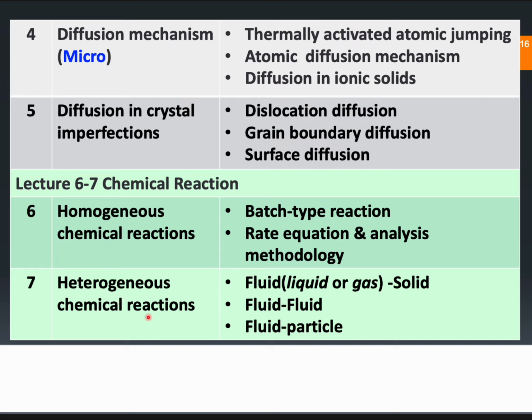For heterogeneous chemical reactions, we will show you how to estimate the reaction rate for fluid, solid, fluid, and even fluid particle cases. So let's move to lecture 6 here.